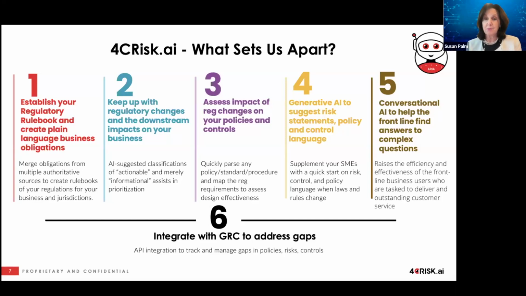That is particularly challenging. And when you have gaps in your policies and controls, you can use generative AI to suggest a starting point, a risk statement, a policy and control language. And then we layer a conversational AI, our friend Aria up here in the corner, who's looking at all of that documentation in your organization and helping your front line get answers to complex questions.